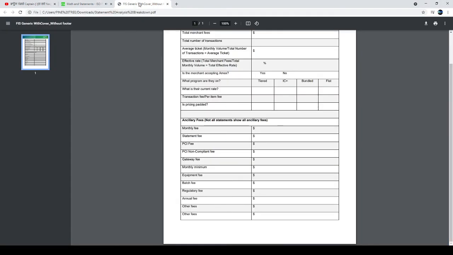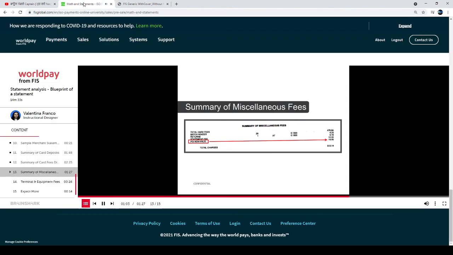This means the merchant is not currently up to date with PCI DSS validation. Therefore, there is a penalty charge of $19.95 per month until he meets his requirements for PCI security. And total charges. This is the total discount charges for the prior month's processing fees that will be deducted from the merchant's bank account, usually the first week of the month.